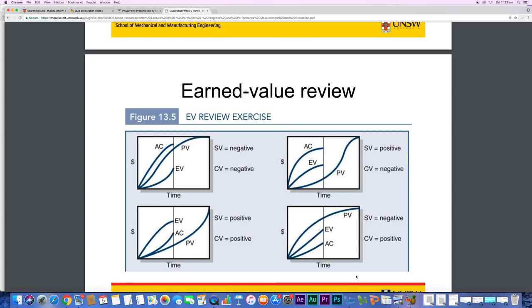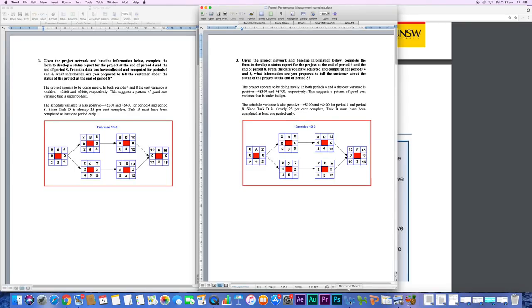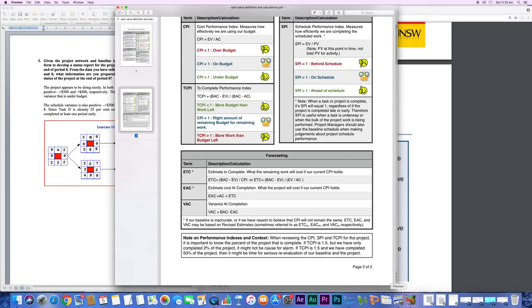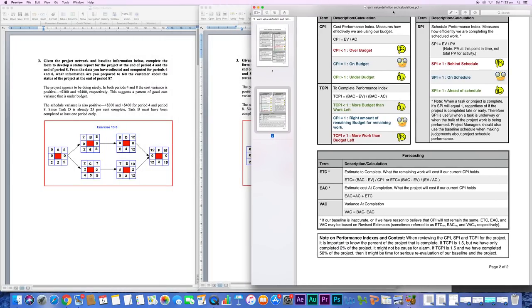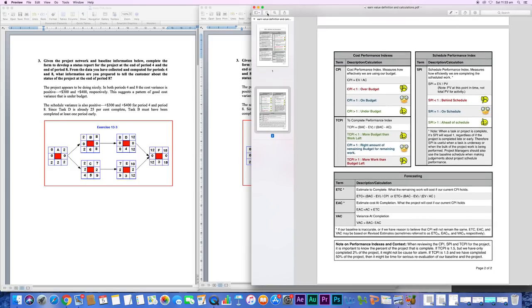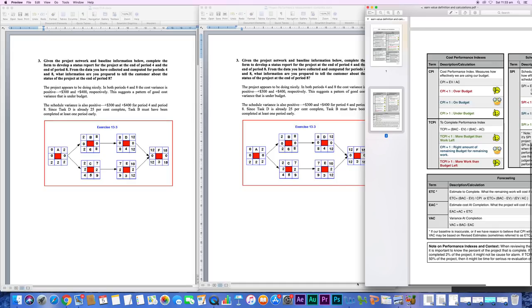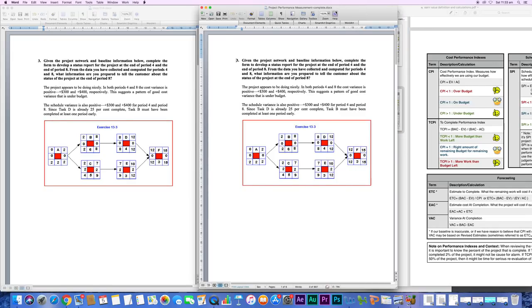Before we start doing any problems, once again, I'm asking you to review all the definitions before you start doing any computational problems. For today, we'll do two tasks, and both you can find in your textbook at the back of chapter 13.